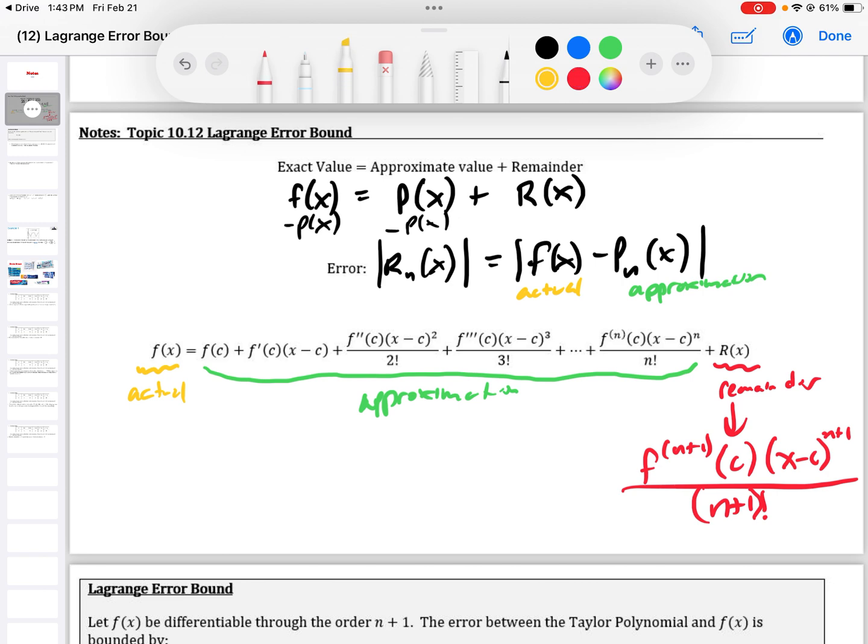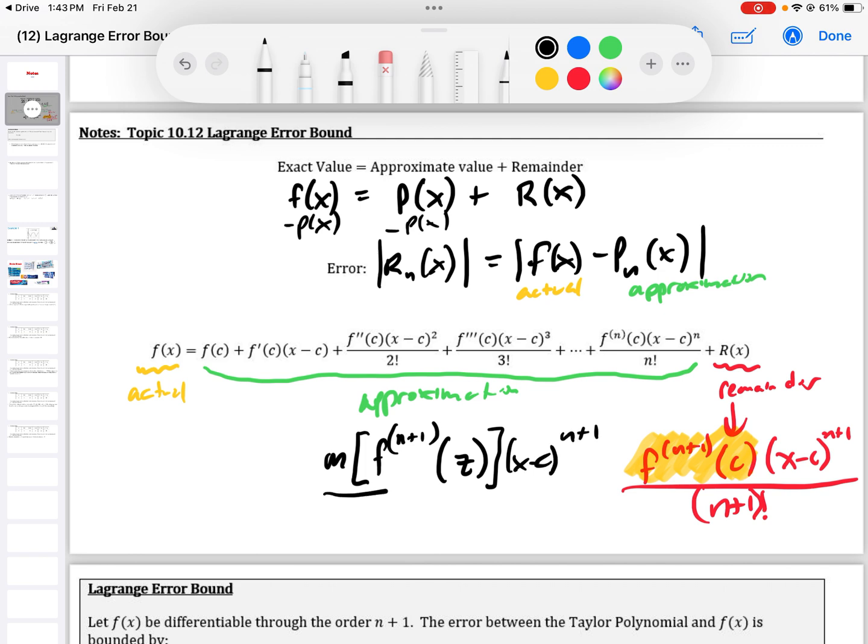And so this would be equal to the remainder exactly. But for this derivative, instead of finding what it is at c, we're basically going to find the maximum value. What is the max of the n plus 1 derivative evaluated at z, where z is any number between x and c, times x minus c to the n plus 1 all over n plus 1 factorial.